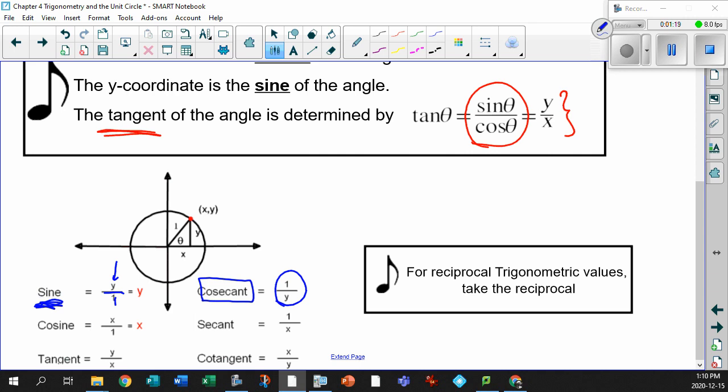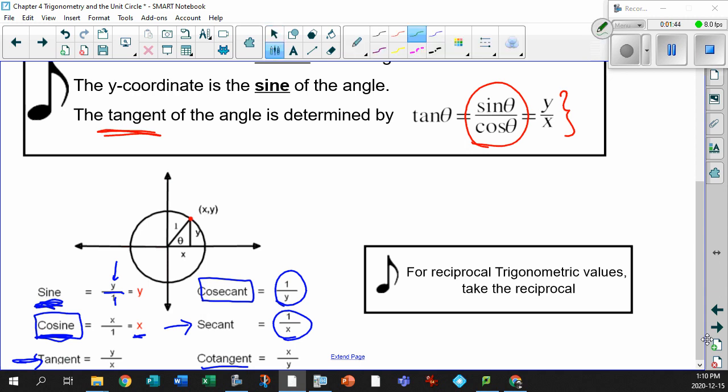If I got a y value, just flip it, 1 over y, and there's my cosecant. Same goes with cosine, which is the x values. So the secant is flipped, 1 over x. Tangent is y over x, so your cotangent is x over y.